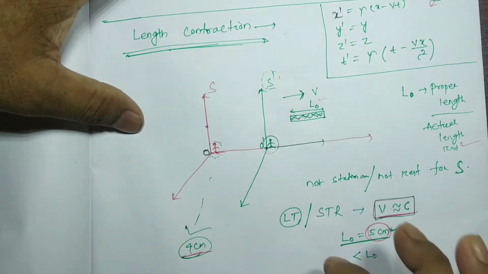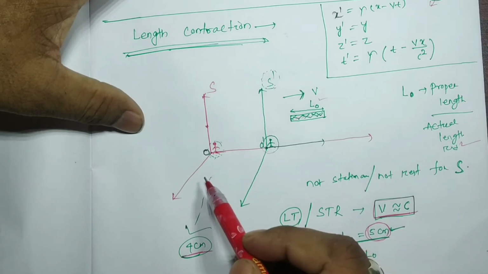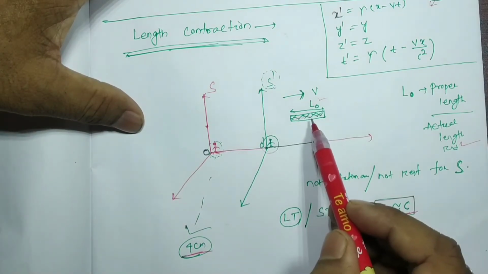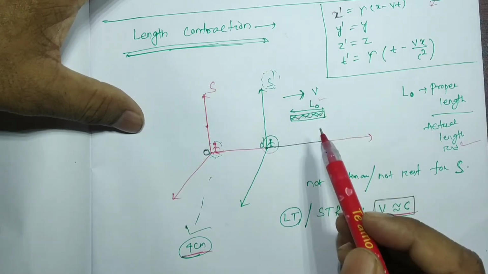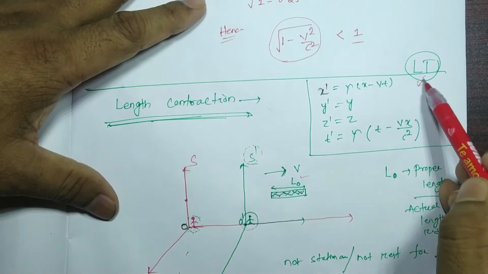So here I am going to derive mathematically how this observer measures this length to be contracted compared with its proper length, by using these 4 equations, the Lorentz transformation.